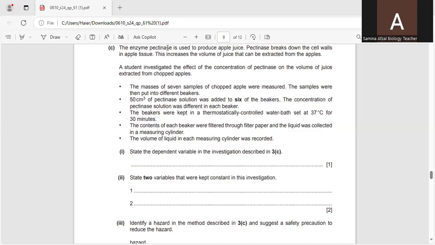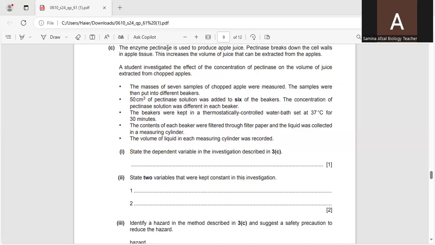The samples were then put into different beakers. 50 cubic centimeters of pectinase solution was added to 6 of the beakers. The concentration of the pectinase solution was different in each beaker. The beakers were kept in a thermostatically controlled water bath set at 37 degrees centigrade for 30 minutes.